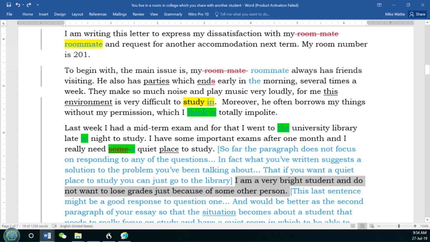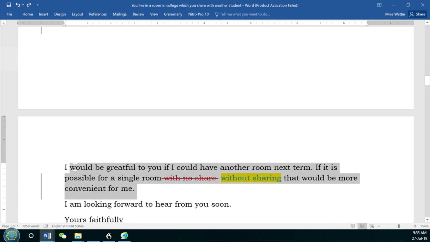And actually, I'm going to take this idea and do this in my model answer. My idea sort of comes from what the student has written here. And then the third bullet point is covered quite well here, that they want a single room. So they're specifying what sort of room they would want.